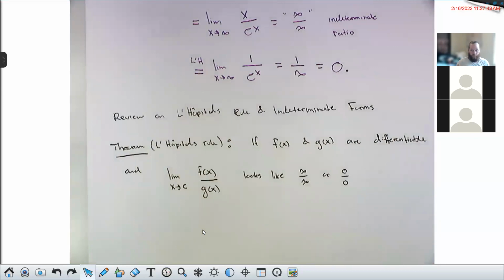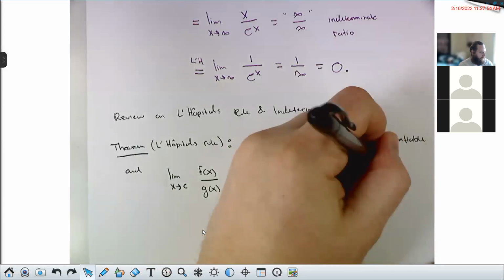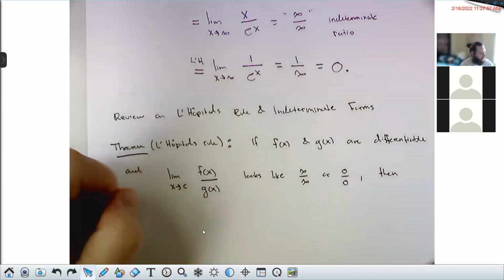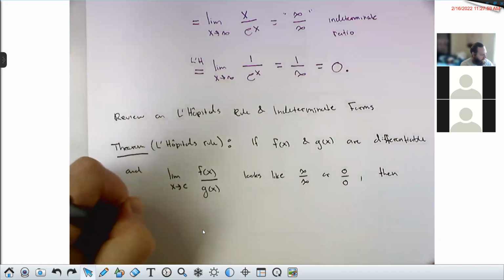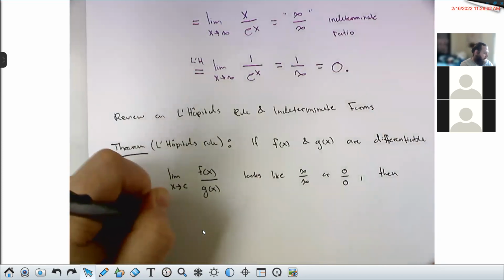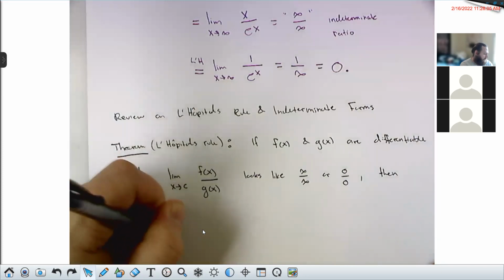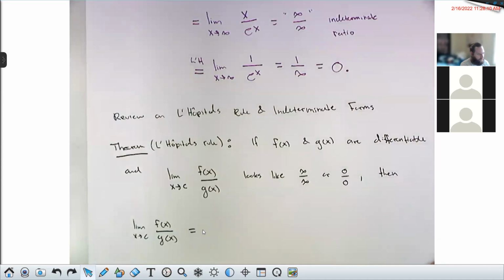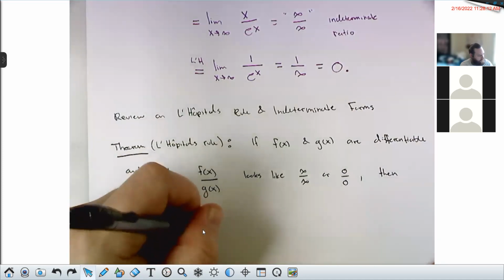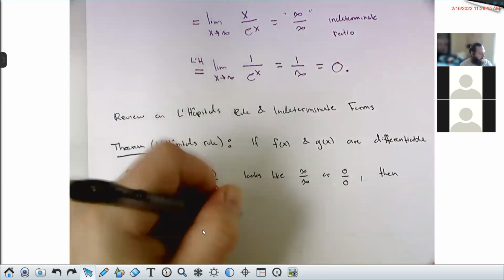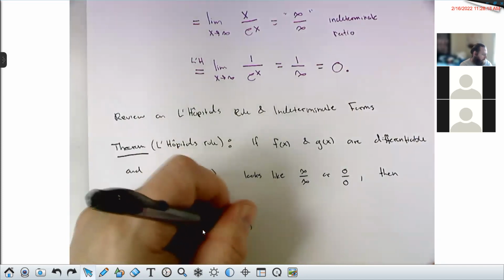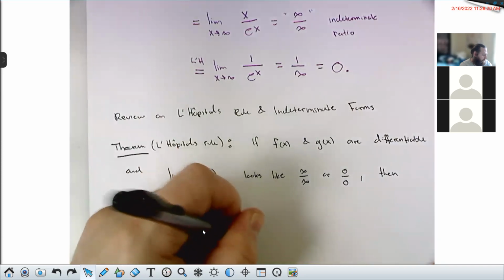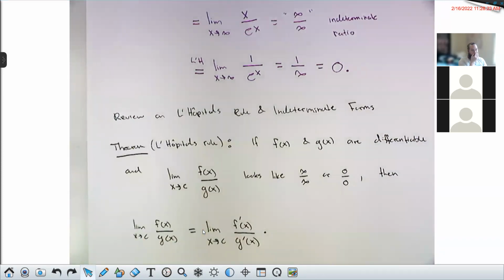Like if f and g both go to infinity or f and g both go to 0, then this limit can be recalculated. F of x over g of x can be recalculated as the limit of the ratio of the derivatives. You take the derivative of the top and the derivative of the bottom, and try again. That's what L'Hopital's rule says.